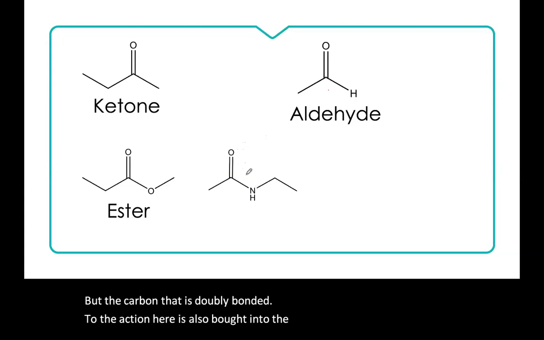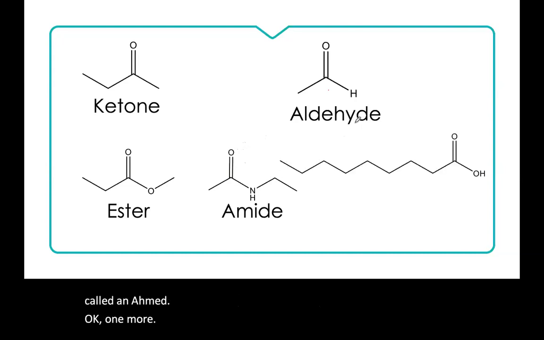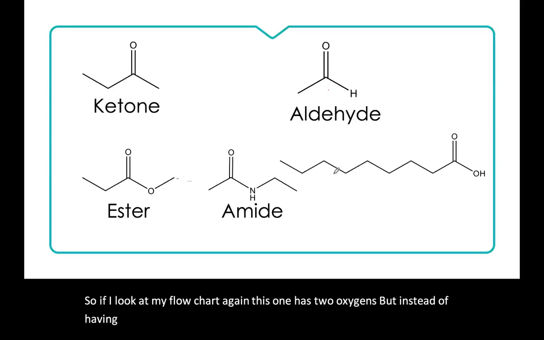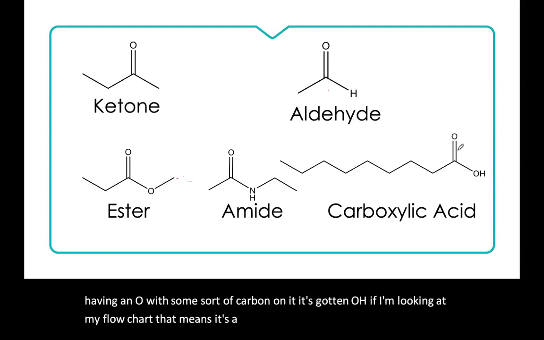If that's the case, this is called an amide. Okay, one more. So if I look at my flow chart, again, this one has two oxygens, but instead of having an O with some sort of carbon on it, it's got an OH. And if I'm looking at my flow chart, that means it's a carboxylic acid.